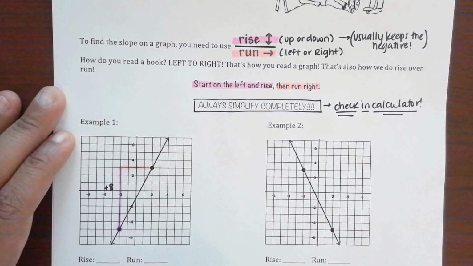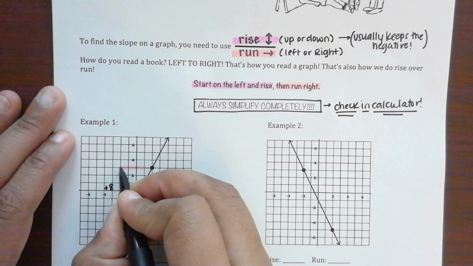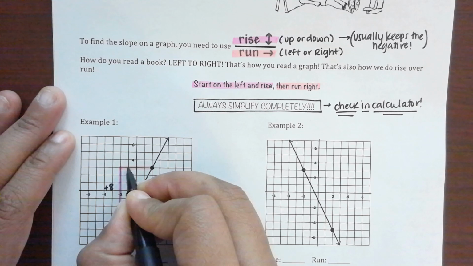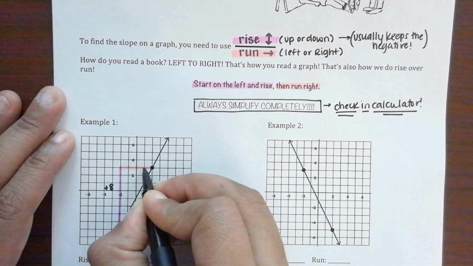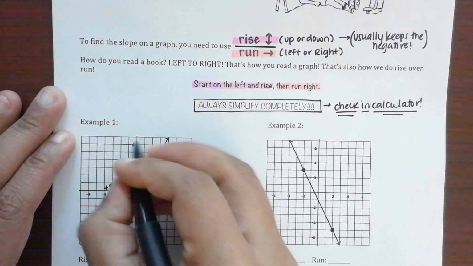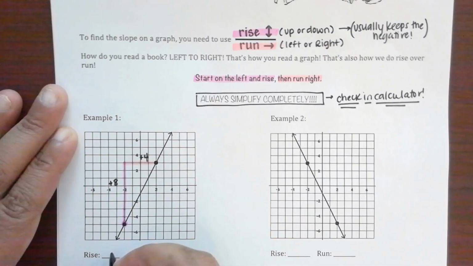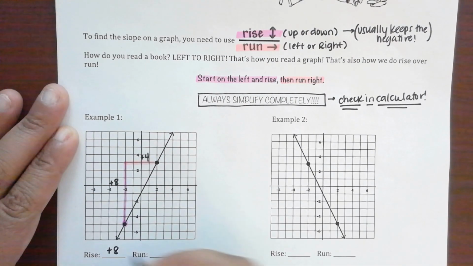Then from this corner, I count away to that point. So you count, I'll point. So what's the distance here? Plus 4, because I went to the right. So my rise was a positive 8, and my run was a positive 4.